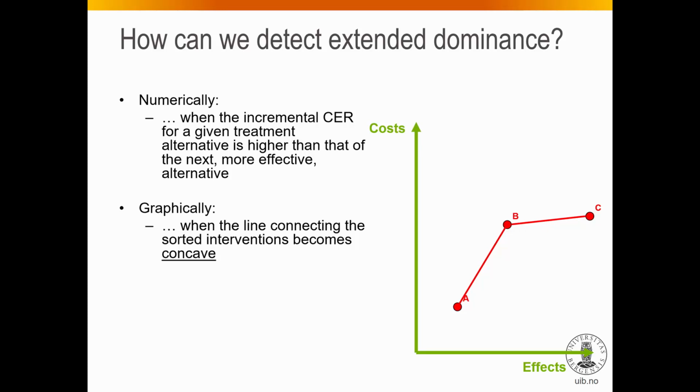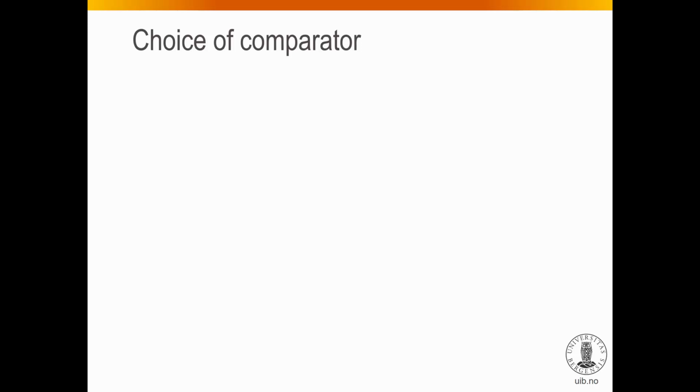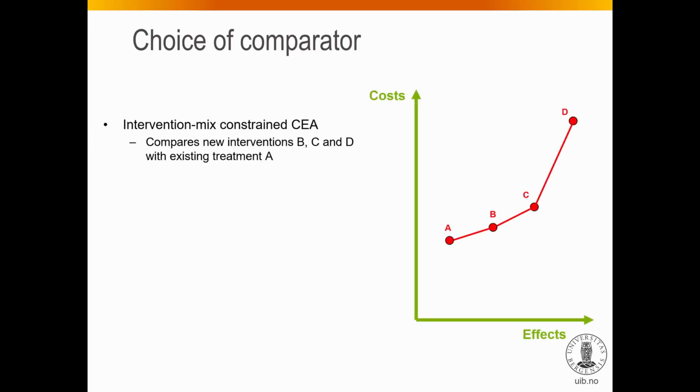Okay, now we're going to talk about the choice of comparator. Choice of comparator is very important and can very much affect the outcomes of an economic evaluation. There are basically two main approaches. There is the so-called intervention mix constraint cost effectiveness analysis. Consider this graph where we compare the existing intervention A to three new alternatives B, C, and D. And you see how the ICERs are increasing in this situation.